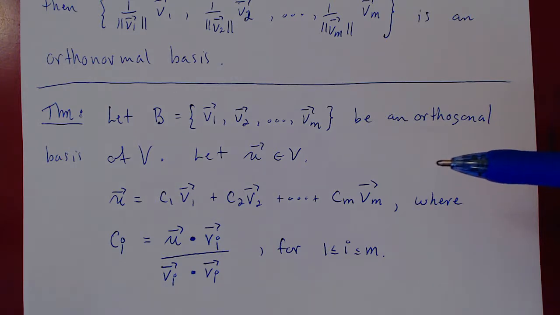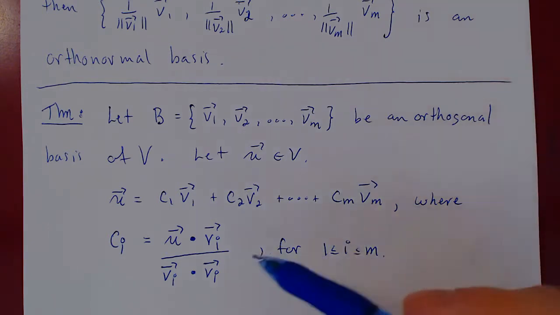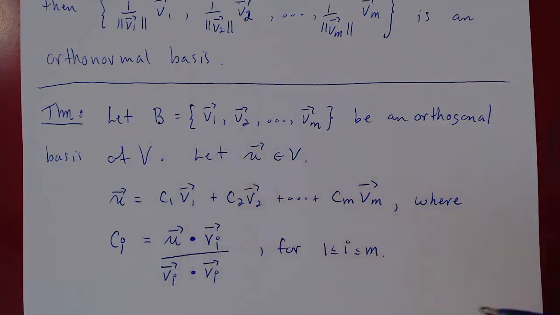Think of the standard basis for R3, (1, 0, 0), (0, 1, 0), (0, 0, 1). Once again, it is an orthonormal basis. Every vector is orthogonal to each other, and they all have length 1. So it's not a coincidence that we use the standard basis for Rn, because whenever you have an orthogonal or an orthonormal basis, it makes your life a lot easier.